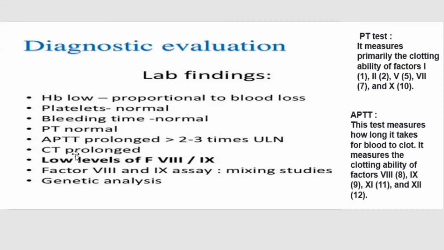The clotting time will also be prolonged. It will take more time to clot, and there will be low levels of factor 8 and factor 9. Factor 8 and factor 9 assay we also perform, and we can also do genetic analysis to evaluate hemophilia.